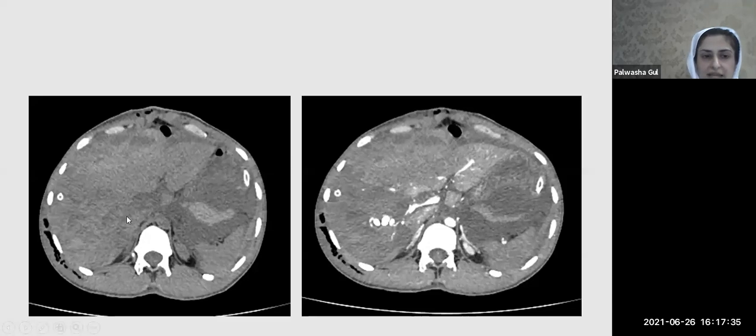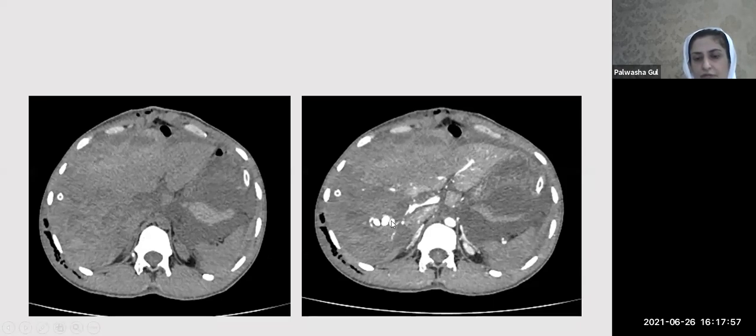On plain CT scan, you can see heterogeneity of the liver with hyperdense areas. There is hemoperitoneum. There was a peritoneal drain from previous surgery. And on axial images of the arterial phase, of course, we see lacerations and contusions, which would be better seen on portal venous phase.